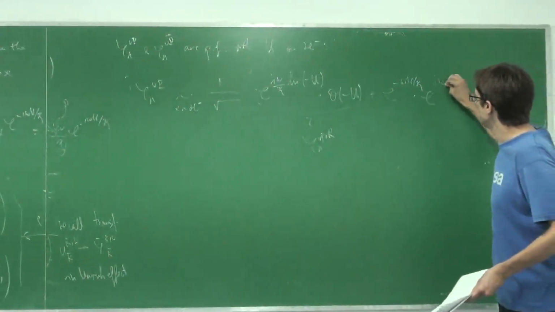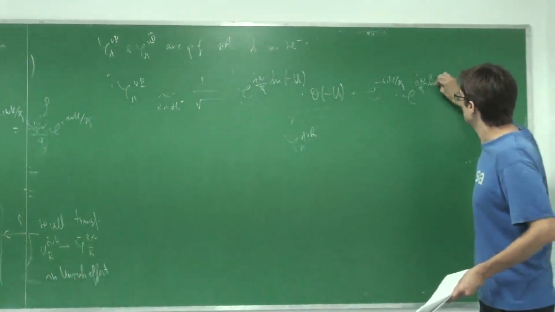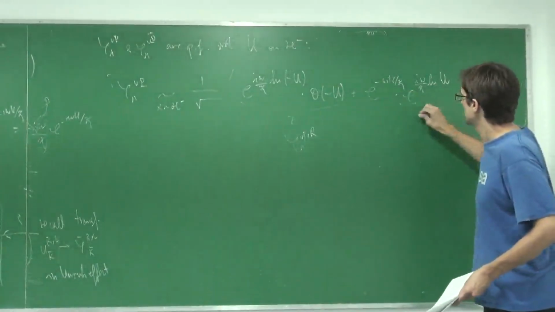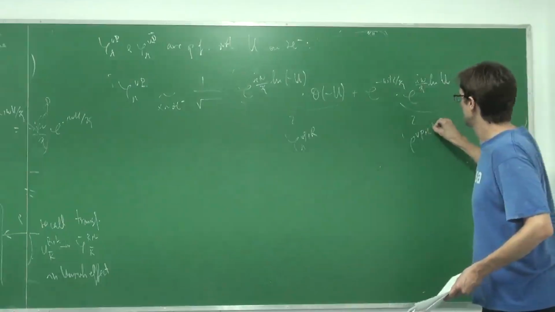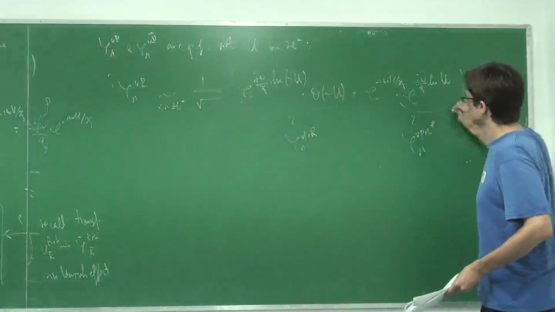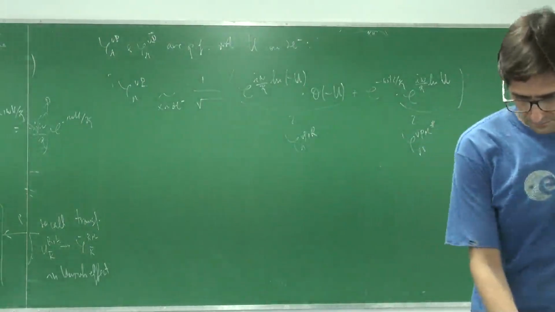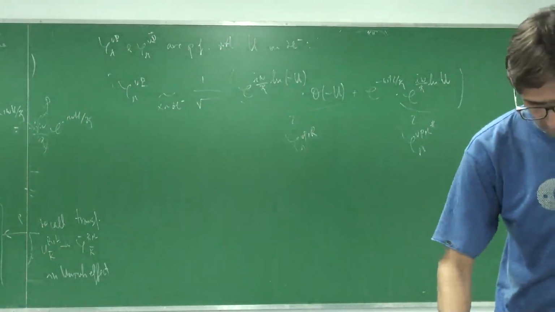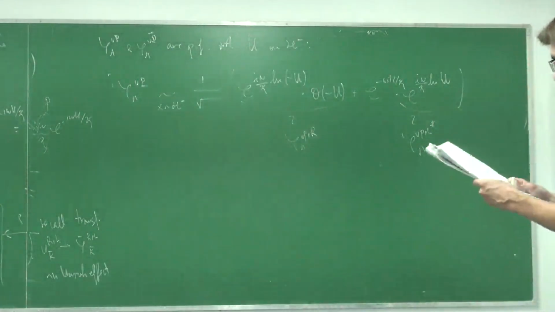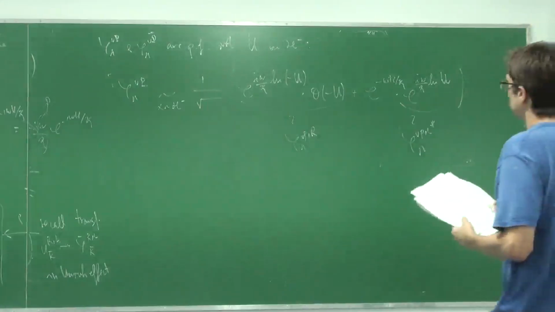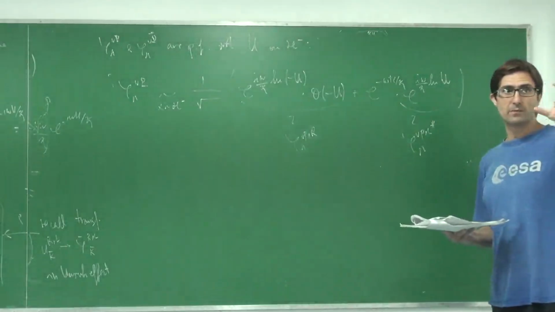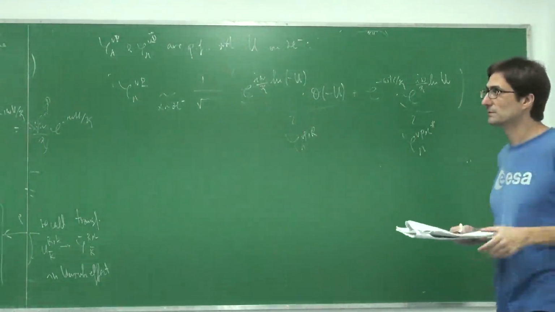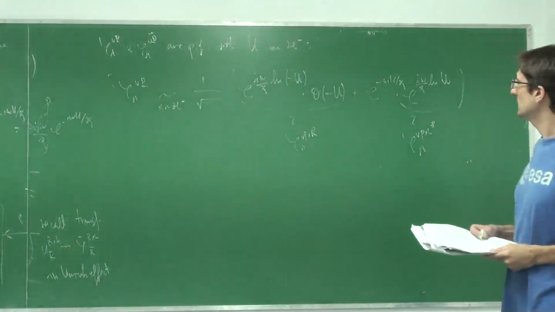So this is I omega kappa log of capital U. Okay, so this is phi up left complex conjugate. And this is only in the region 3.